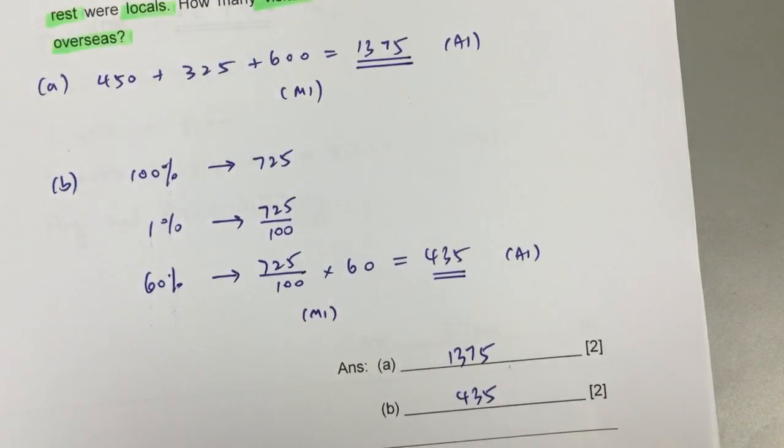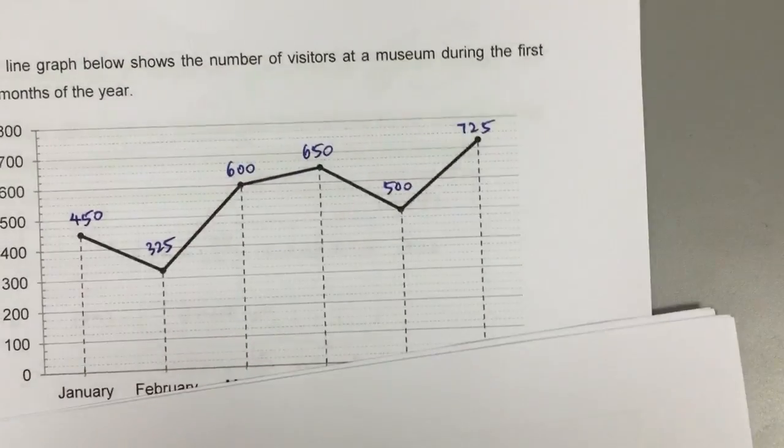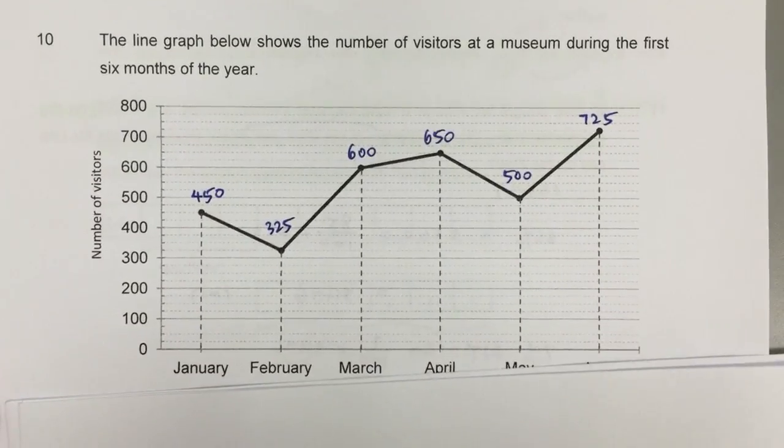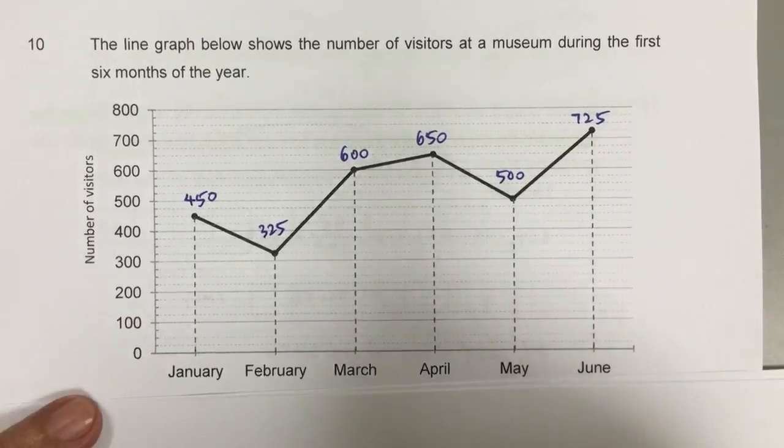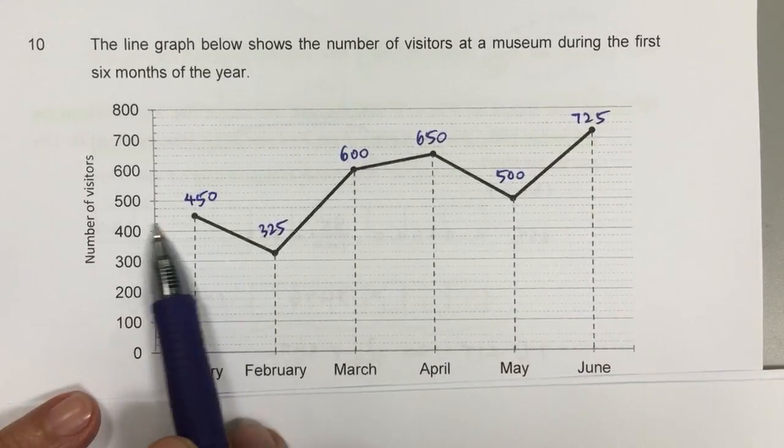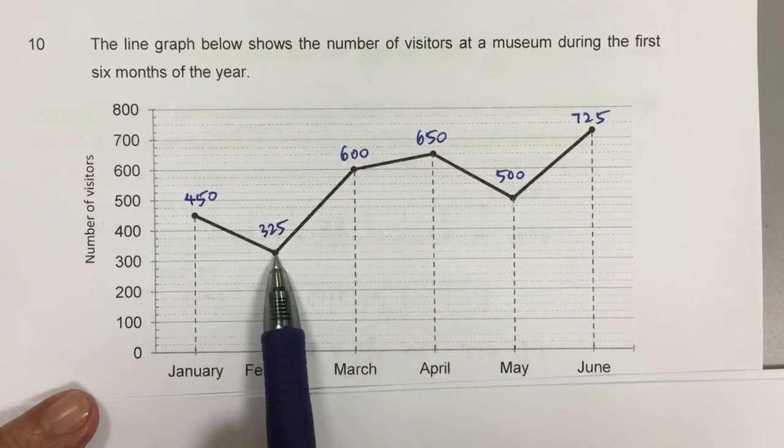Question 10. Okay, the line graph below shows the visitors at the museum during the first 6 months. January, this is 450. February, 325.